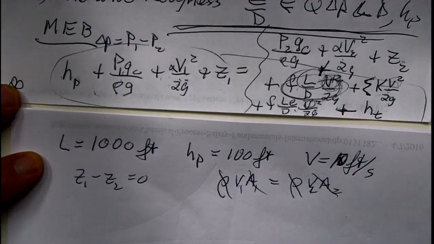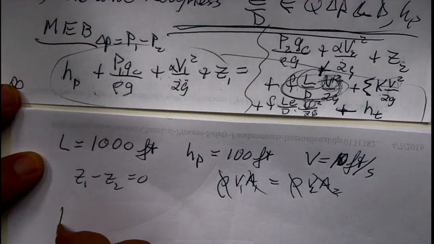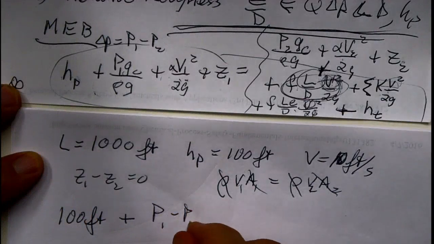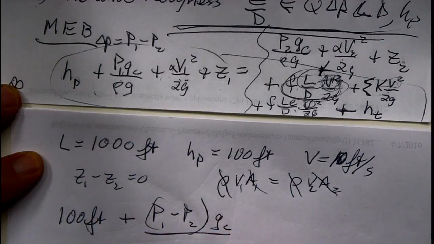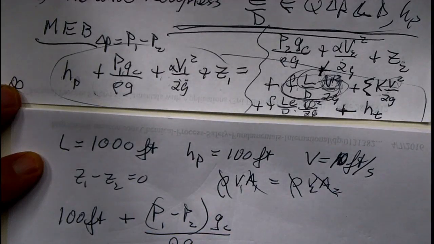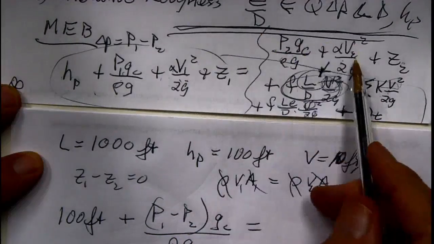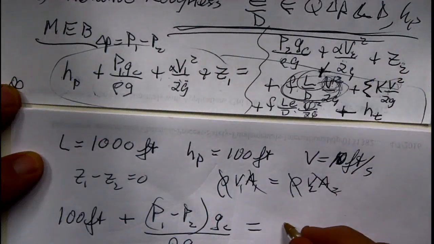So what I have when I eventually put this all together is the head of the pump now is 100 feet, and in here I'll put in P1 minus P2 times g sub c divided by rho g. And on the left half side, this is over on the right, this cancels with that, that cancels with that. All I have is friction.